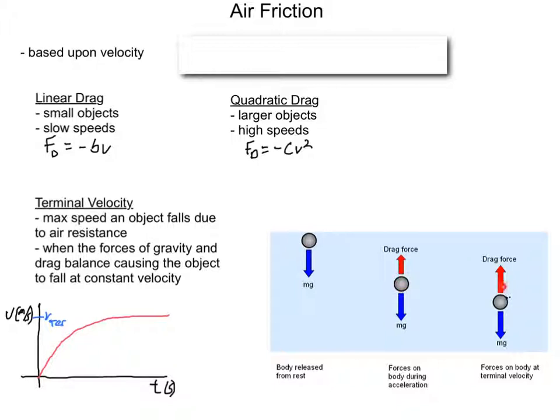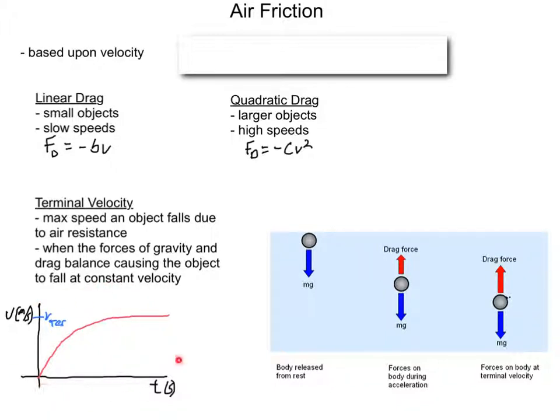For some odd reason, AP actually tends to sometimes take off on your free body diagrams if you don't put the force vectors actually attached to the dot or to the object that you're drawing your free body diagram on. Now, terminal velocity is the maximum speed an object falls due to air resistance. In other words, drag eventually slows it down. This is when the force of gravity and drag balance out, causing it to fall, key here, at constant velocity.